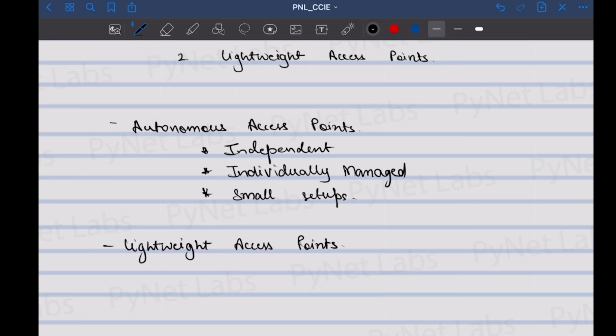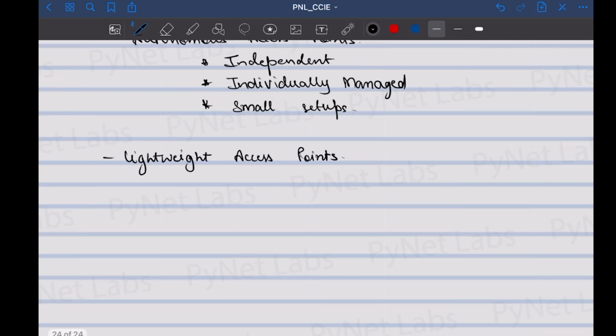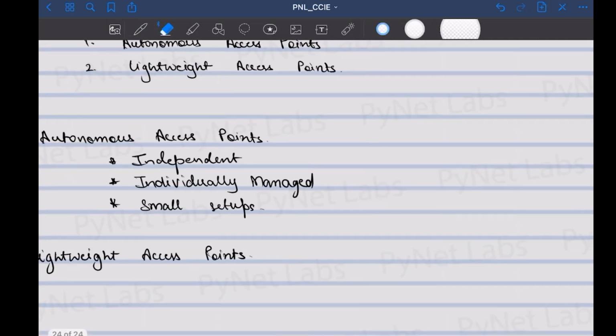Lightweight access points, like I said, they are managed using a WLC, wireless LAN controller. So now you'll have a different setup. In the case of autonomous access point, the setup would be a router, a switch, and access points directly.